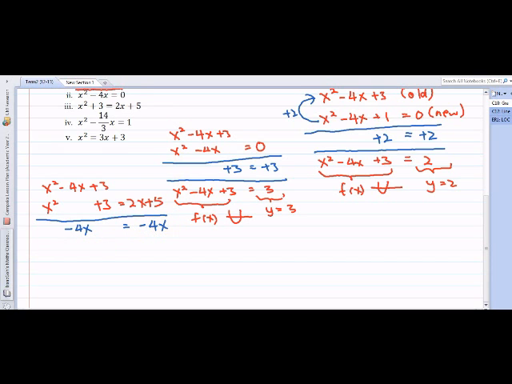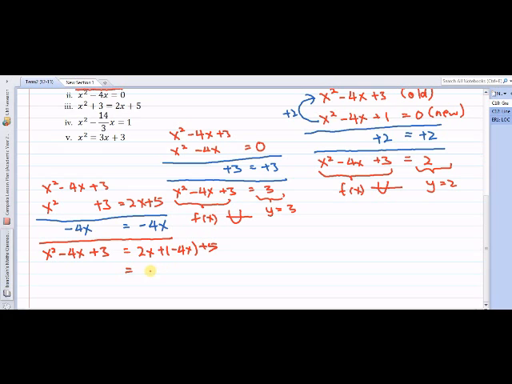Negative 4x. So the new equation can be modified by adding negative 4x at both sides of the equation. So the new equation becomes x squared minus 4x plus 3 equals 2x plus negative 4x plus 5.